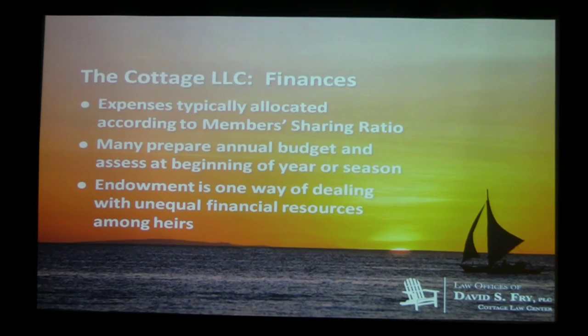Those expenses are incurred because somebody is occupying the place. Expenses such as utilities and garbage and internet, expenses that you wouldn't incur if no one were occupying the place. But because somebody is occupying it, you've got to pay these things.